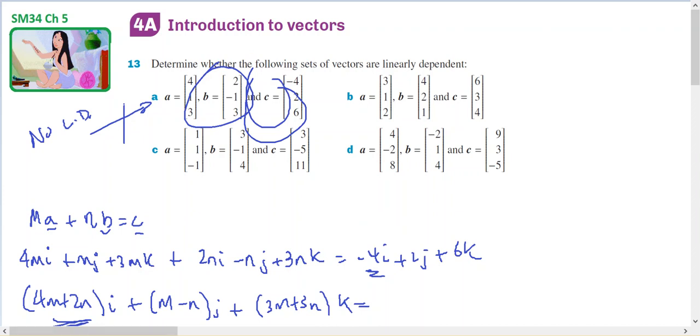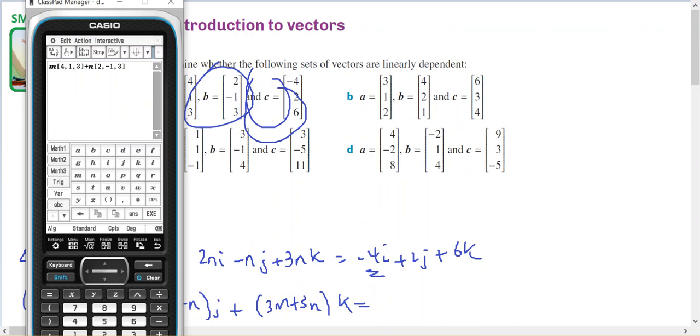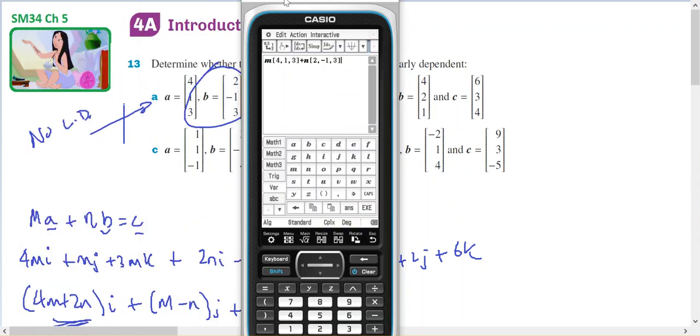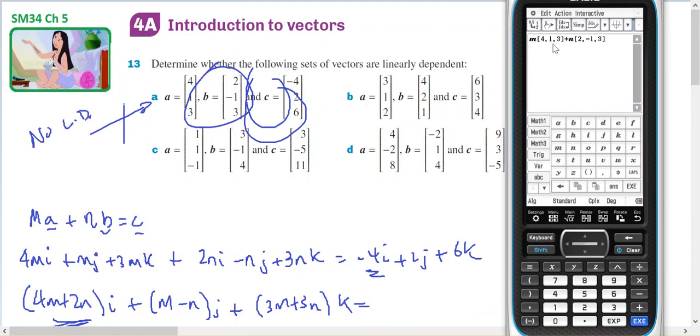Well, on my calculator I've already entered M times the first vector plus N times the second vector, which gives me, maybe I didn't put a multiply in between them.